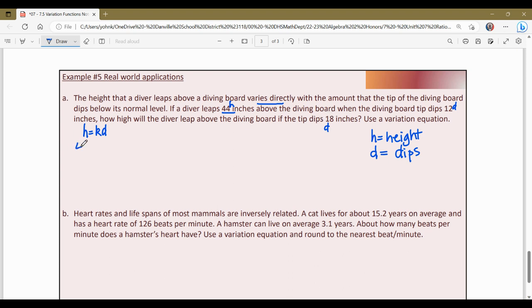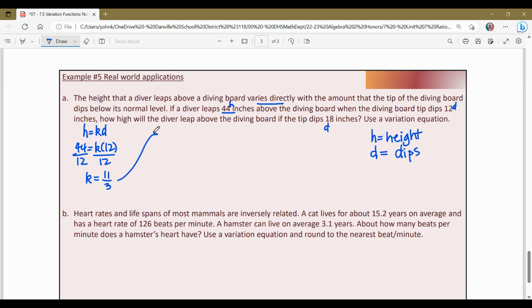So let's use 44 equals K times 12 to figure out what my K is. So if I divide everything by 12 and simplify that fraction, I'm going to get 11 thirds.